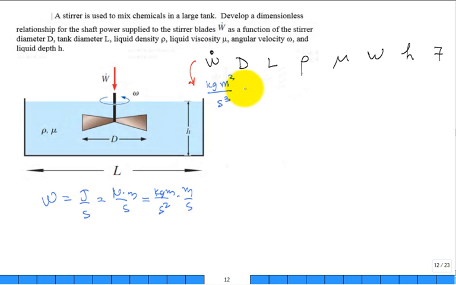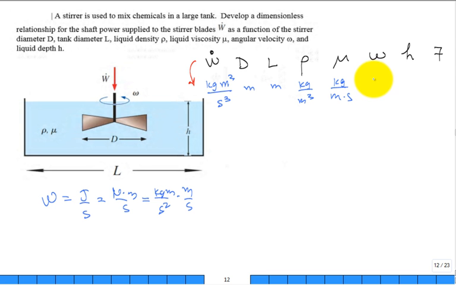Then D, meters, length, meters, density, kilogram per meter cubed. Viscosity was a kilogram per meter second. What's my omega? That's a bad looking omega. Come on, do a better omega. What is my omega?